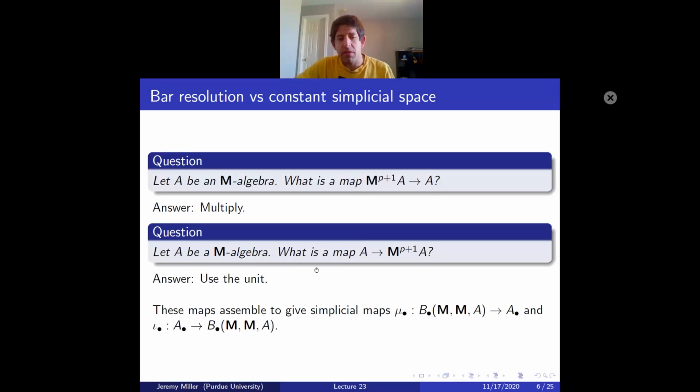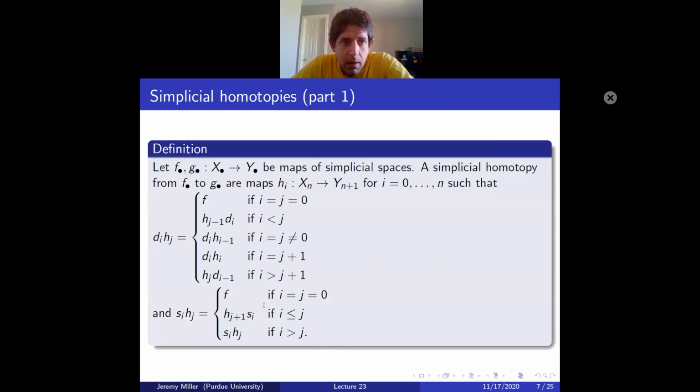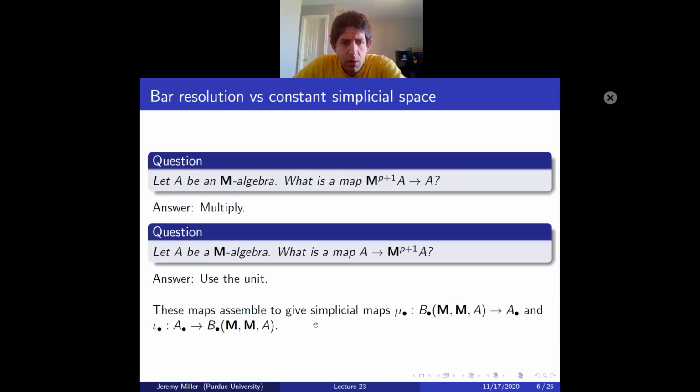Okay, so these assemble to give simplicial maps. So mu for multiplication, and I for unit or inclusion. And so we want to show that these are homotopy equivalences, that the compositions are homotopic to the identity.